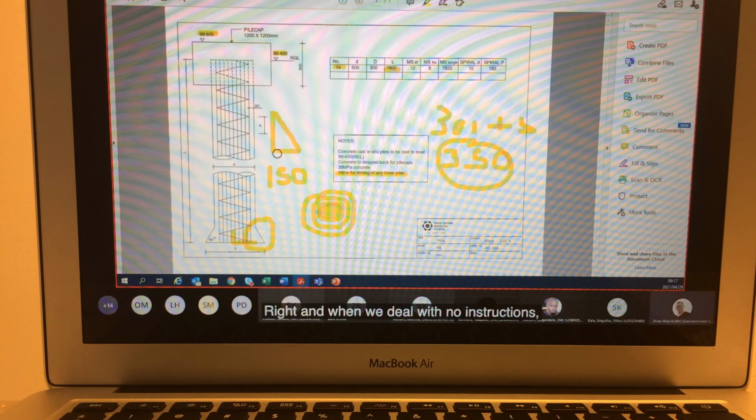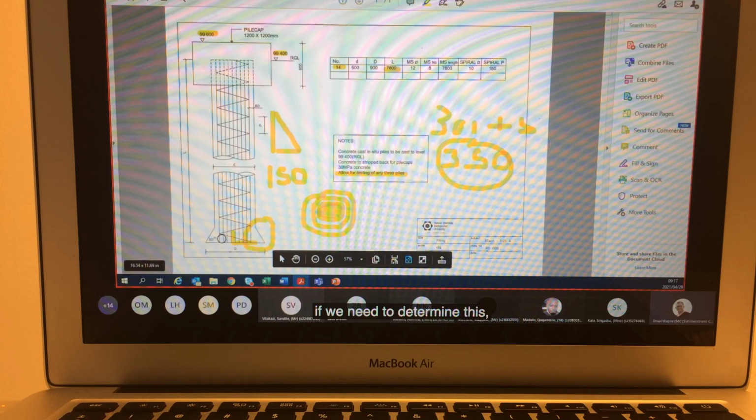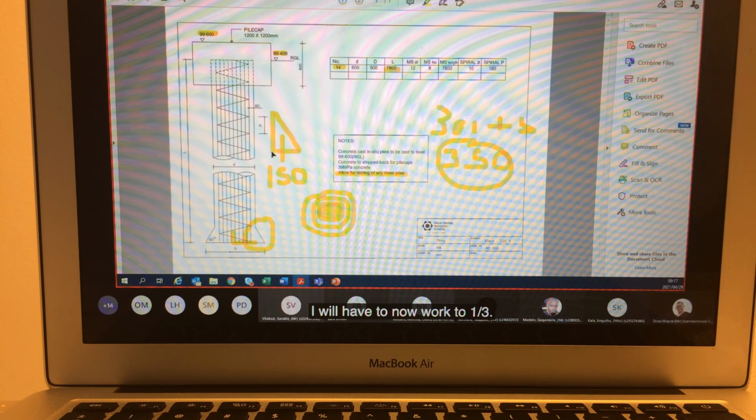And when we deal with known structures, if we need to determine the circumference of that section, because this goes all the way around, I will have to now work to a third of the base. And a third of 150 is 50. A third of 150 is 50.